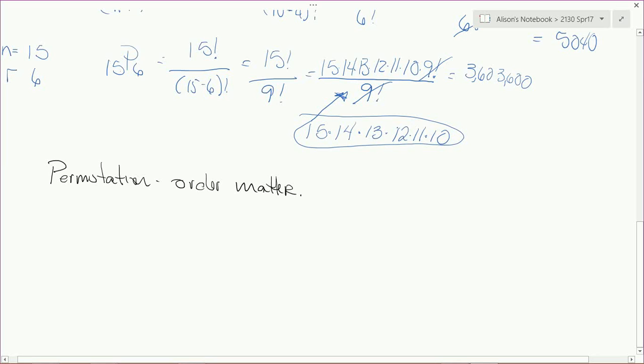But we find out that there are 2 separate categories: when I can have repeating values and when I can have no repeating values. With repeating values, we're just going to do the population raised to the number of items that I am selecting out of the population. When I have no repeating values, I'm going to take the factorial of the population and divide it by n minus r factorial. These are the 2 formulas that we can use with permutation.